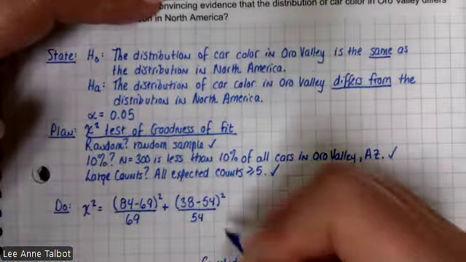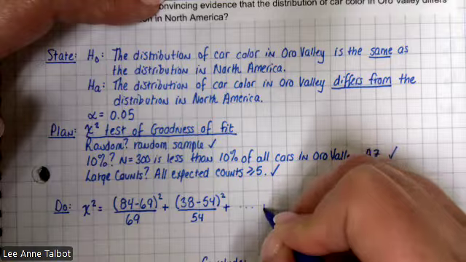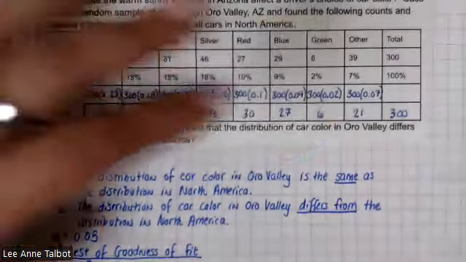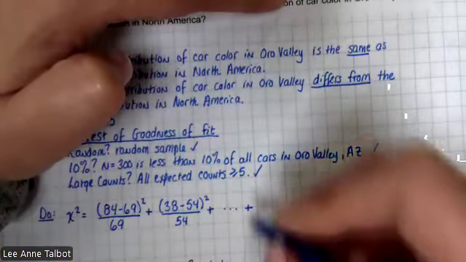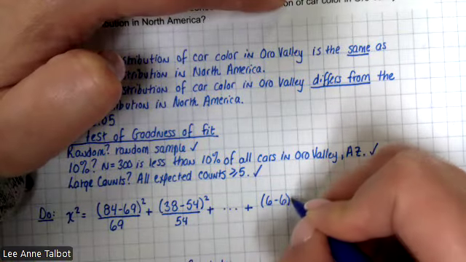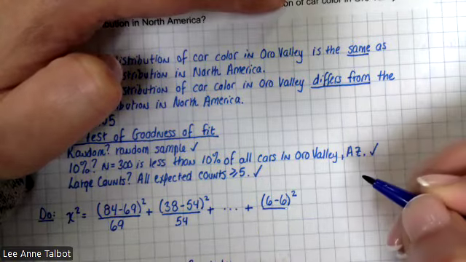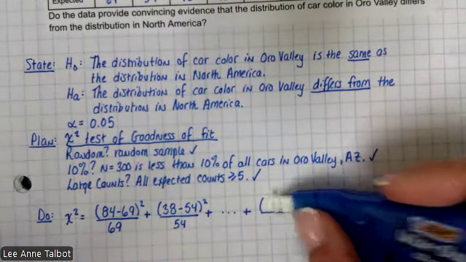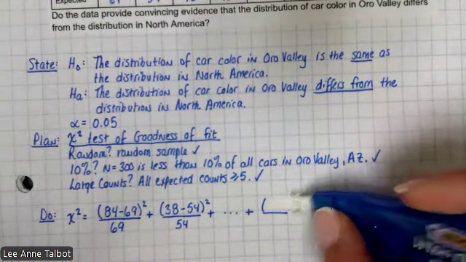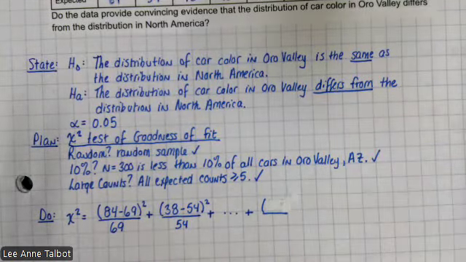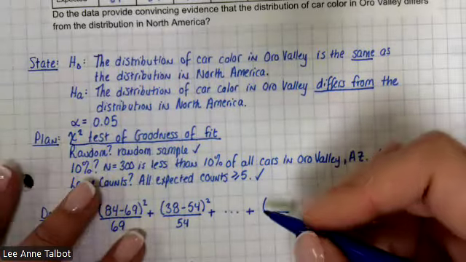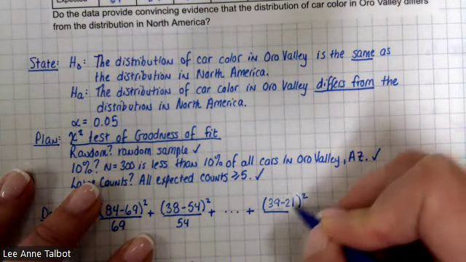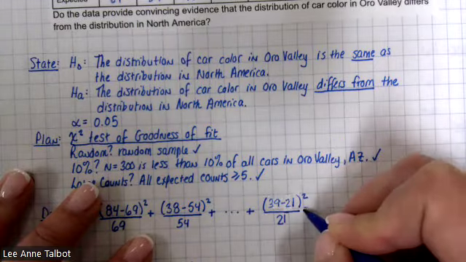Okay, then plus dot, dot, dot, plus. And then go to the end, green. 6 minus 6 squared. Oh, I forgot the others. Cool. That's fine. That's why we have white out. 39 minus 21 squared over 21. Okay.